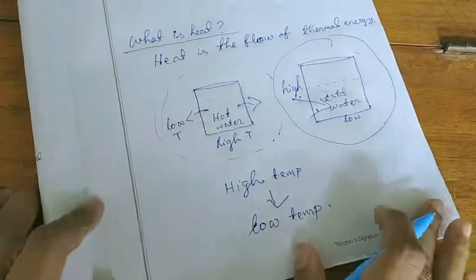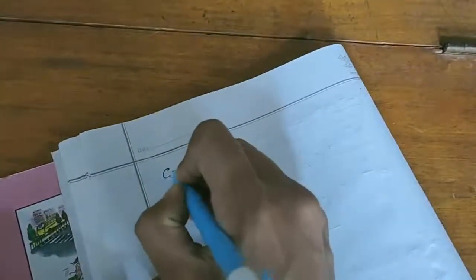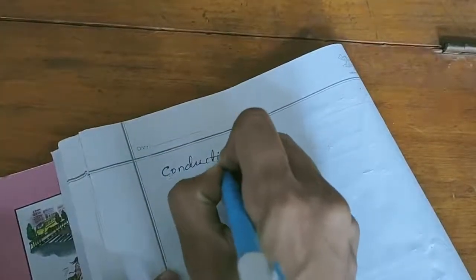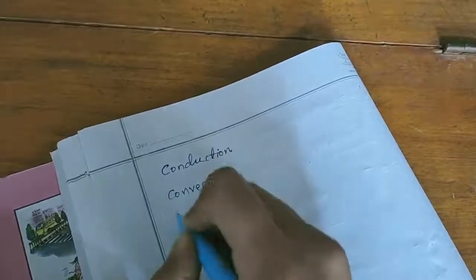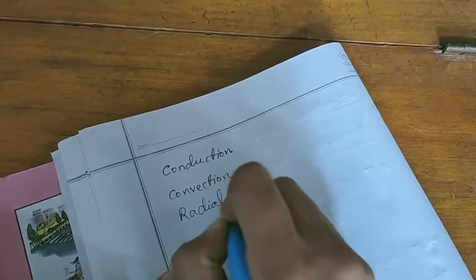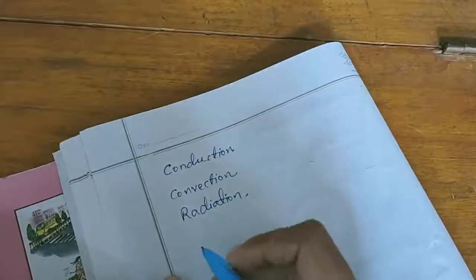Now how heat is transferred, how heat transfer occurs, there are three ways. There are three ways by which heat can transfer. The first one is conduction, second one is convection, and third one is radiation. So first see conduction.